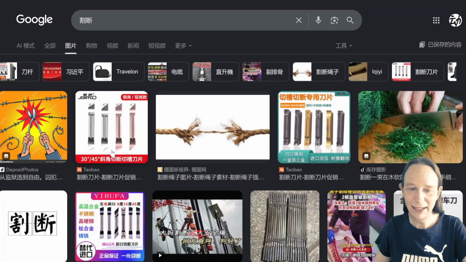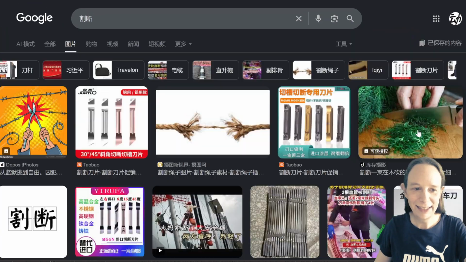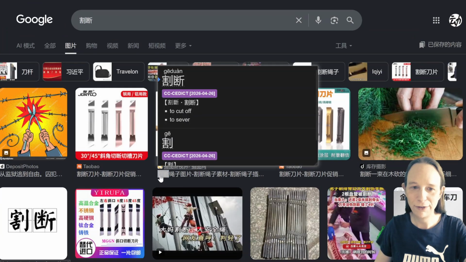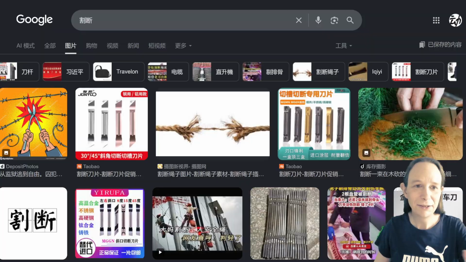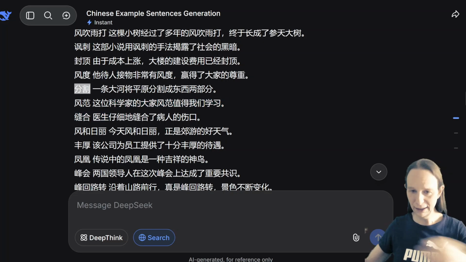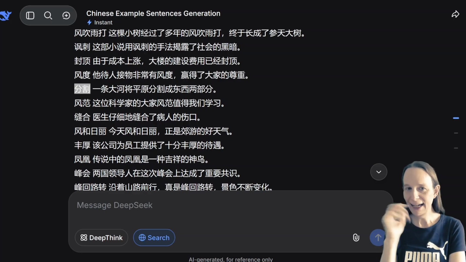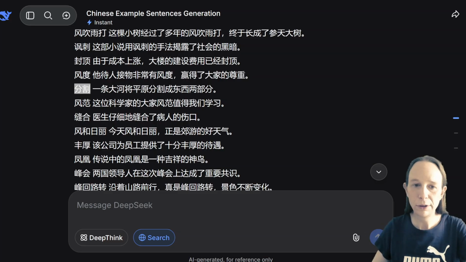You sever something. So you're cutting it, but you can also sever something more, not necessarily physical. Okay, 分割, something like cut off. Yeah, I'm not 100% sure. Maybe it's just two communities are cut off from one another.